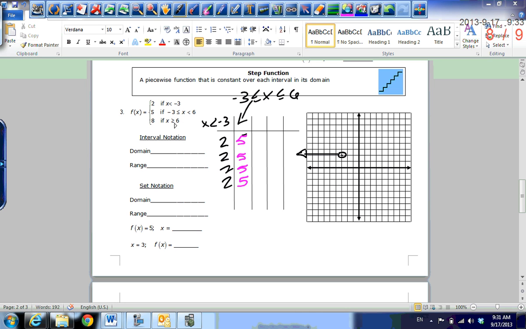Now I got a closed, right, because it's less than or equal to. So now I'm going up to 5. Put a closed circle, and all the way to 6. Open or closed circle at 6, 5? Open, good job.